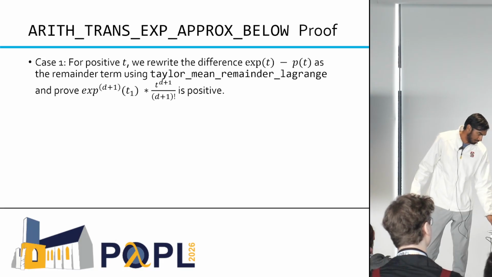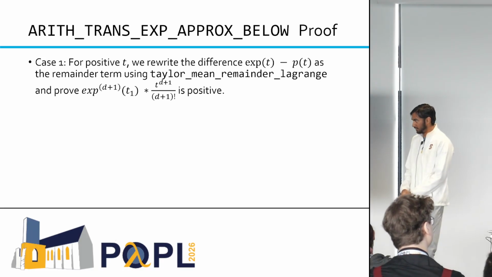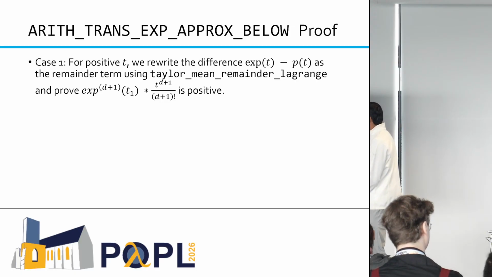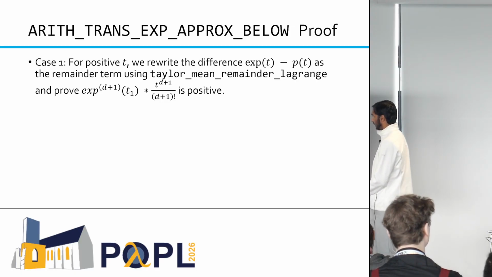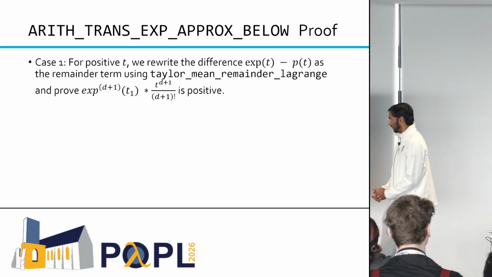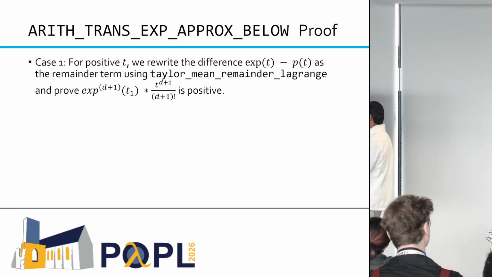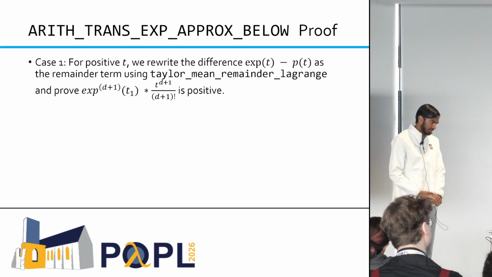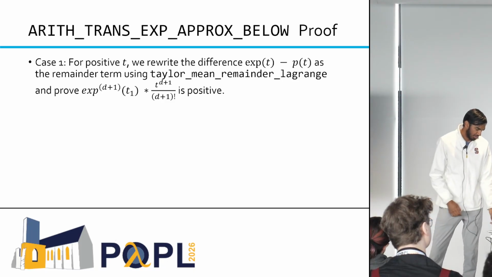In the first case, if t is positive, then p of t is the Taylor polynomial. We look at the difference and we apply the theorem in Mathlib, Taylor mean remainder Lagrange, and we examine the expression we get at the end, and we just have to prove that it's positive.